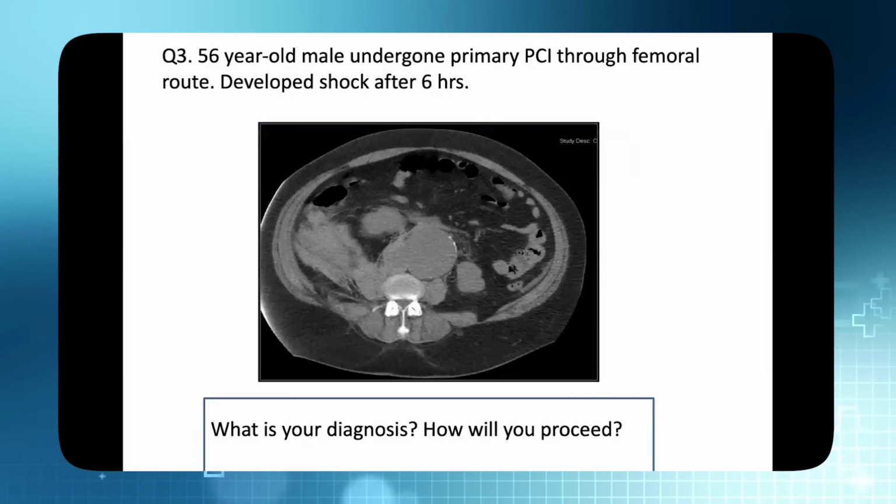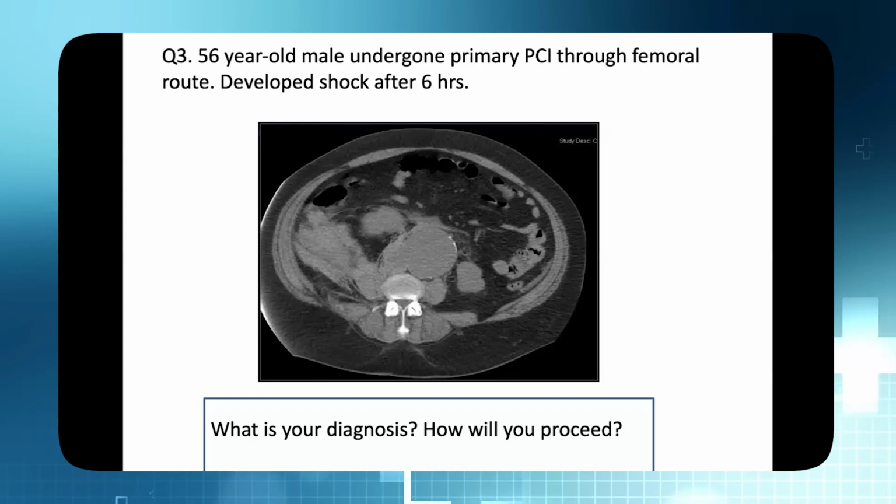Bleeding. Right psoas abscess? Aortic dissection? Retroperitoneal hemorrhage.